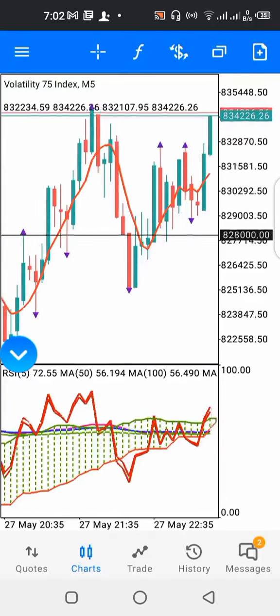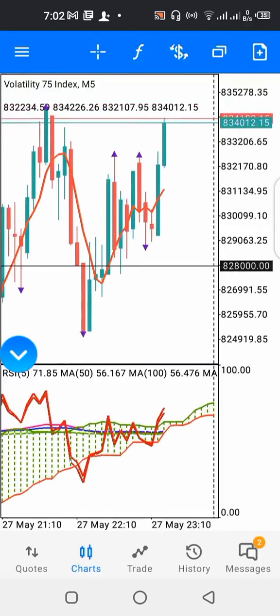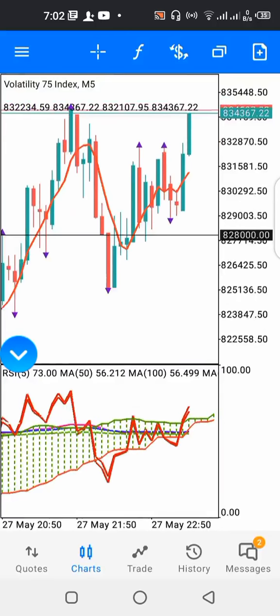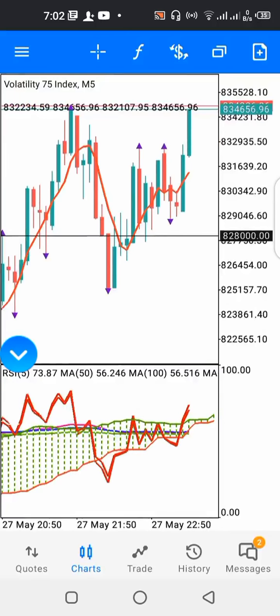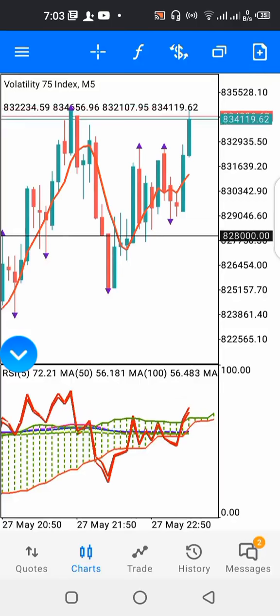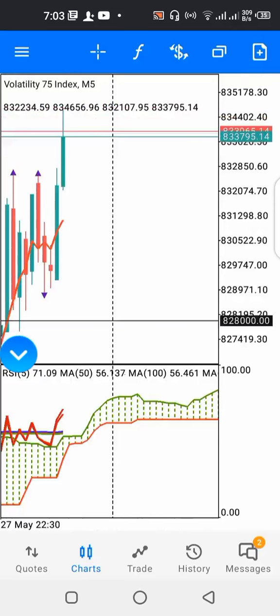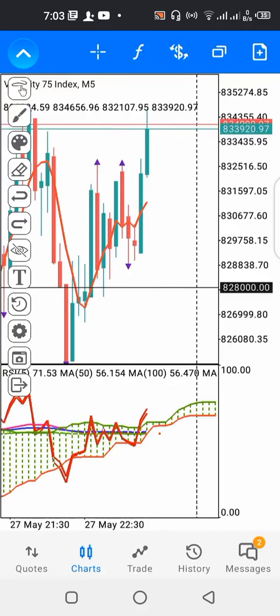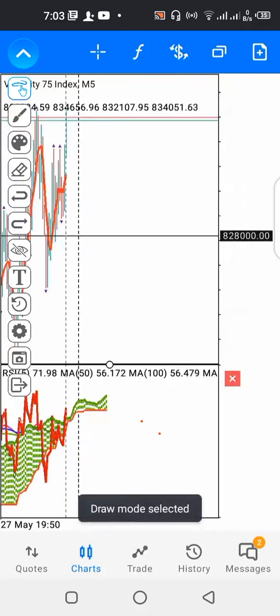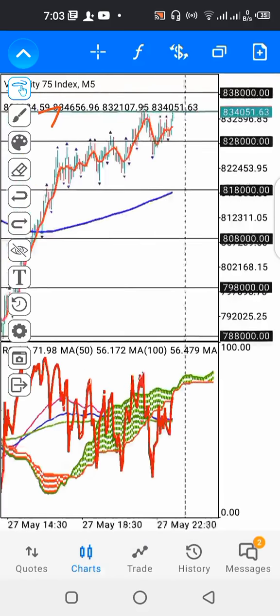Right now, price is moving up on V75 5 minutes time frame, sharing with you how you can trade with a grail-Hedge strategy. Now, I just saw a breakout. Is it a breakout or a retest of this high?